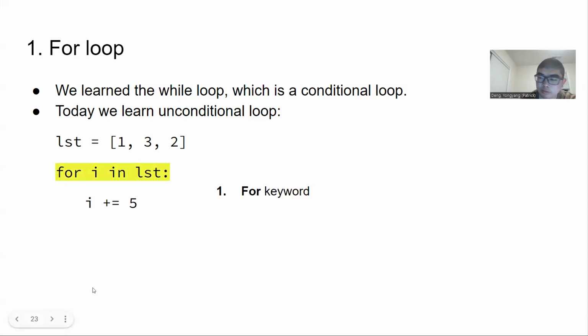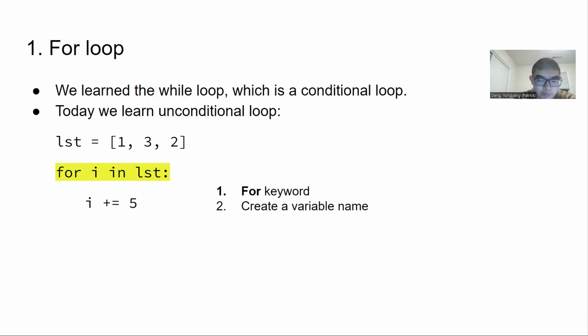The first thing, we have a for keyword, and then we create a variable name. It can be anything. You can say element, you can say i. In a while loop, you may think i is an index to show the position of the element.